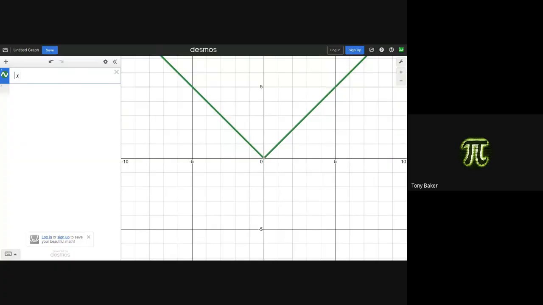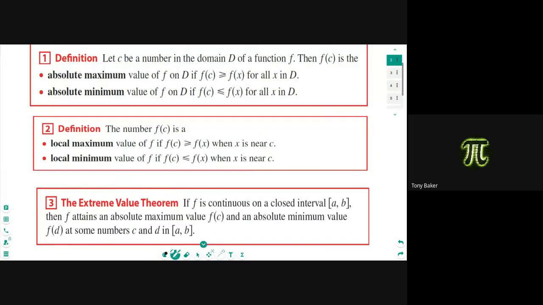Did the definition of an absolute minimum or maximum state anything about a derivative? Let's go back and look at that. Fermat's theorem did. So there's the definition of a minimum or a maximum. Is there anything about derivatives in there? No.